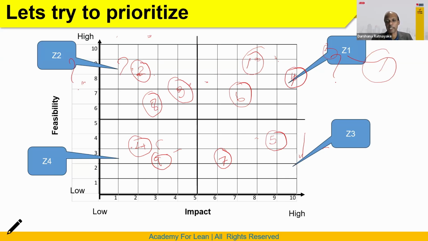Helita, you are going to say something. If we are selecting Z2 instead of Z3, my understanding is that if we implement a project that can achieve a small benefit within a few days, then it can motivate the people in the continuous improvement journey. That's the answer. Now remember that in the actual scenario, we are doing these projects with the employees, like you and me. It's very important to keep people motivated to drive anything, right?